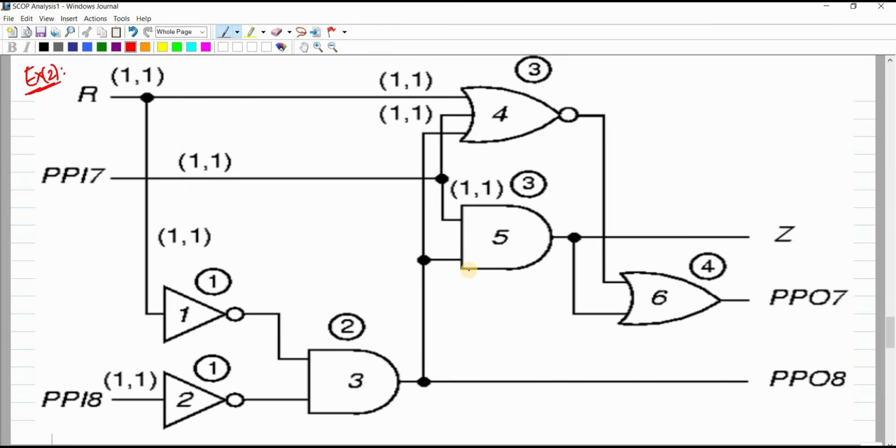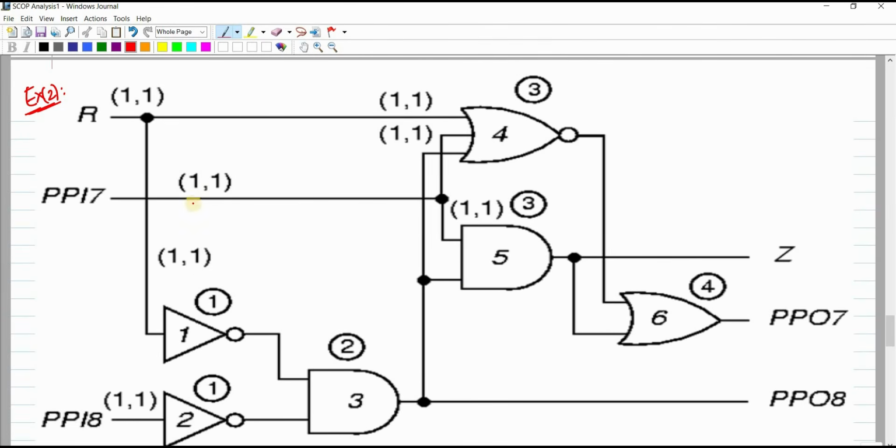So initially for a given circuit, for the primary inputs, I have to consider 1, 1, 1, 1, 1, 1 respectively. So it is a default value I can consider. Here also 1, 1. All these are the primary inputs, right? So if I want to calculate the combinational controllability for a NOT gate, here 1, 1.